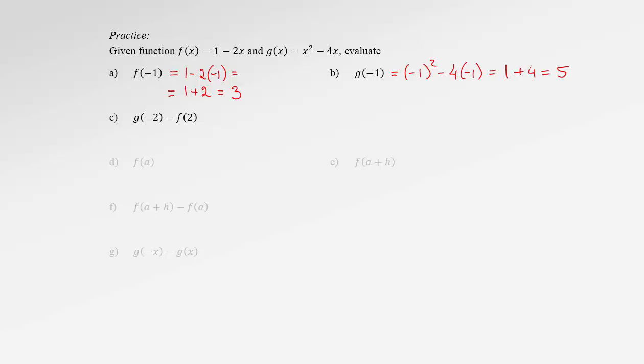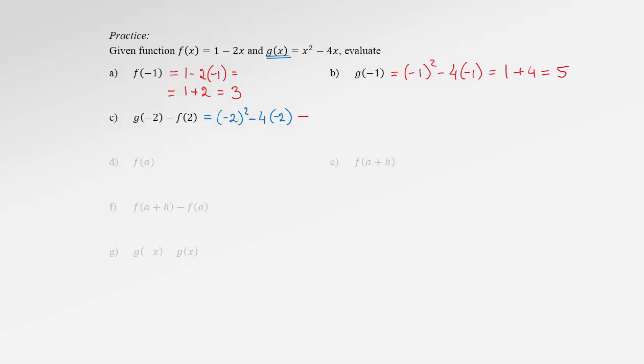Well, in this question, we refer to two different functions. So let's do it one at a time. g of -2, we refer to the g function, which tells us take the input, which is -2, square it, and subtract 4 times the input, -2. Now we have a subtraction. I'm going to use different color to indicate subtraction.